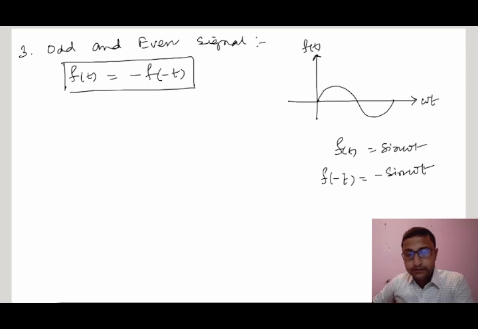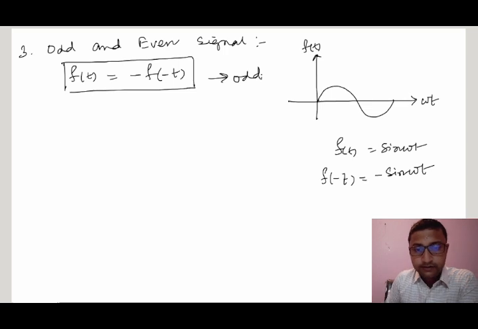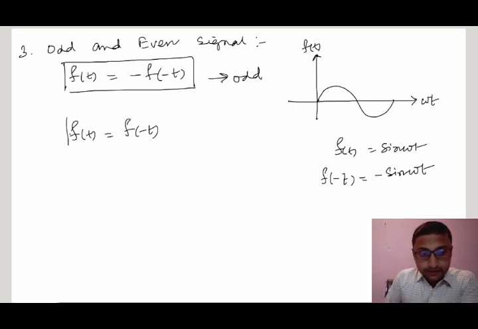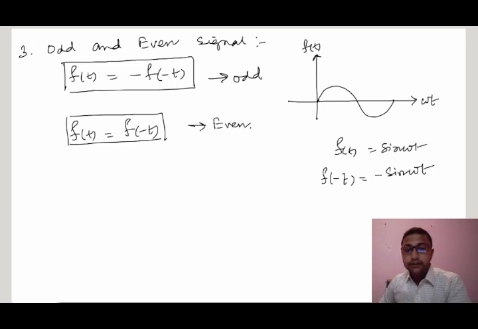And whenever the signal is even, the criteria: this is the criteria for an odd signal, and the criteria for an even signal is f(t) = f(-t).